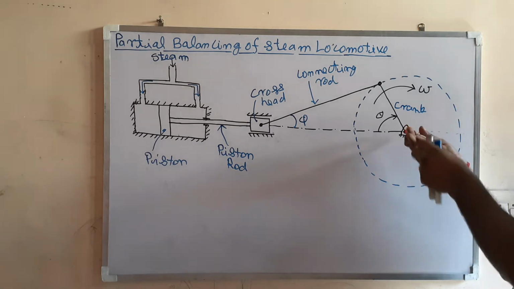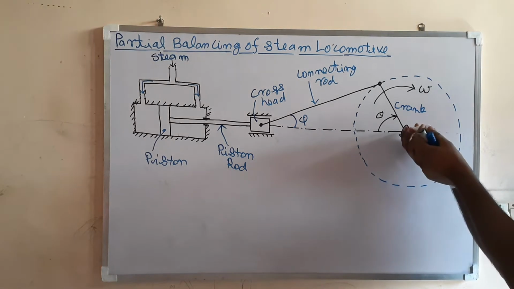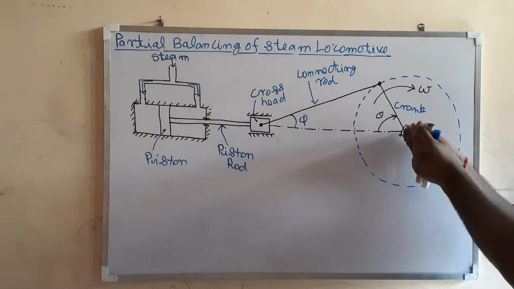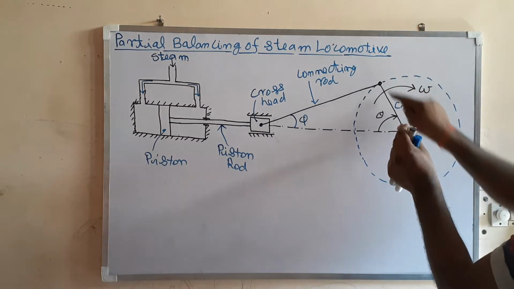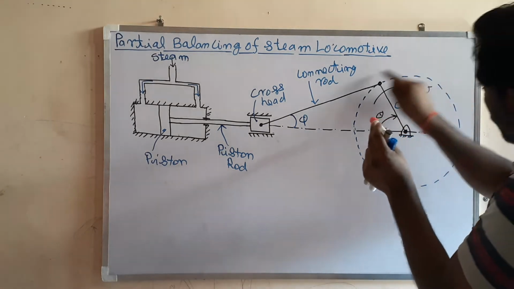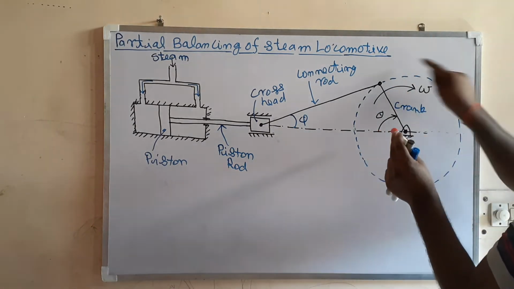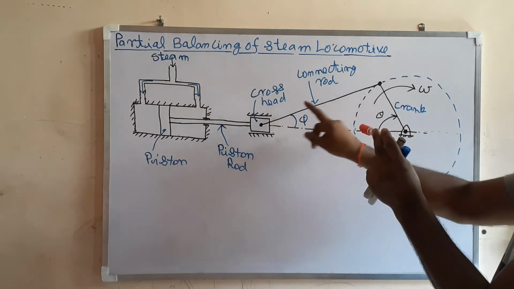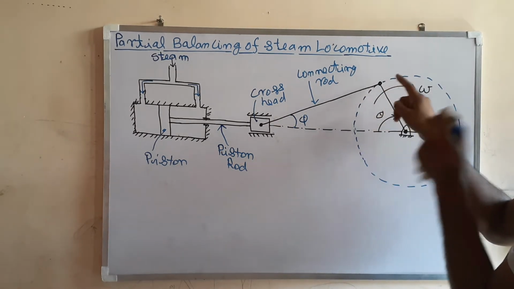So here is the axle of this locomotive. On this axle there is a wheel. Actually, this crank is a wheel in the locomotive. This total is the wheel, and at one end the connecting rod is connected.